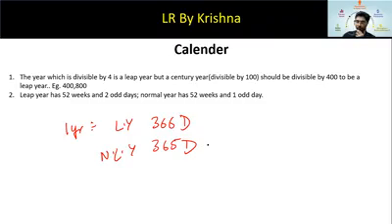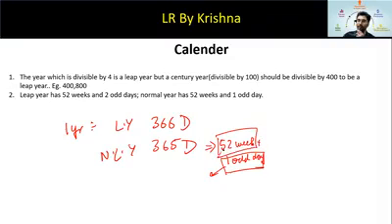So if it is a normal year, then I will say that this is having 52 weeks plus one odd day. Why one odd day? What is this one odd day? 52 weeks means starting from Sunday till Saturday, this is getting repeated 52 times. So in this fashion, Sunday, Monday, Tuesday, Wednesday.